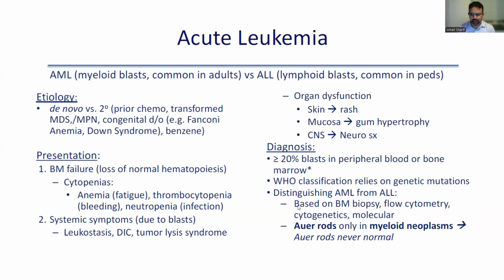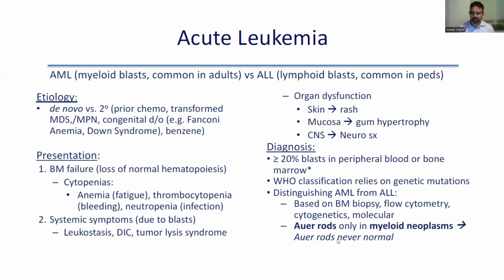Okay, the diagnosis of AML, the main hallmark is, as I said, the peripheral smear. We have cytopenias, but also a blast count of more than 20% in the bone marrow. That's the hallmark of diagnosis. And then having the Auer rods. Remember, Auer rods help differentiate from ALL, along with the flow cytometry findings and molecular tests.